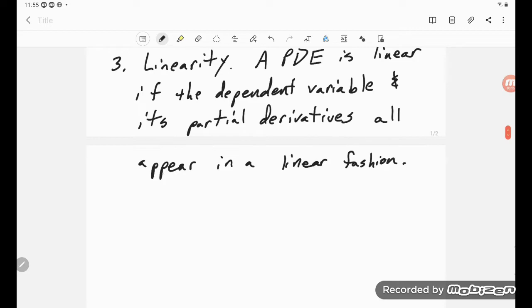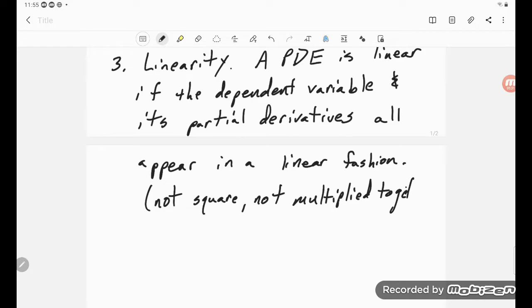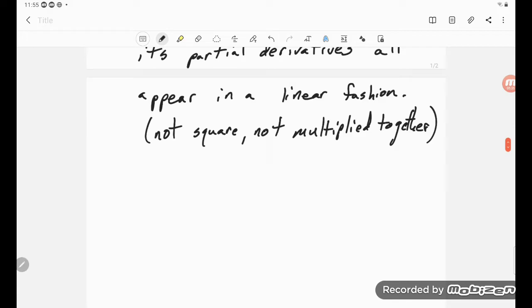In other words, not squared, not multiplied together, that sort of thing.